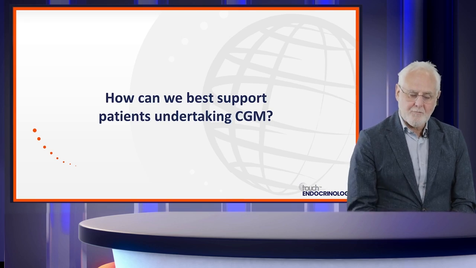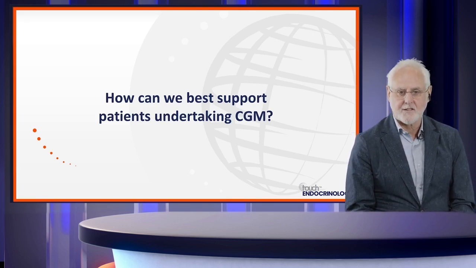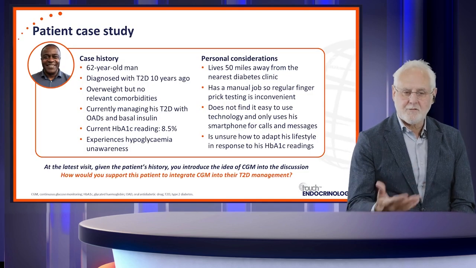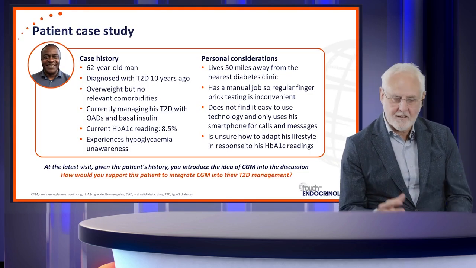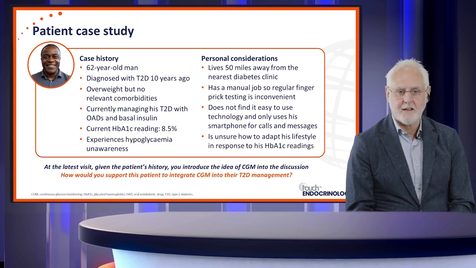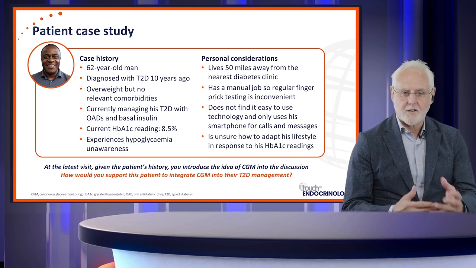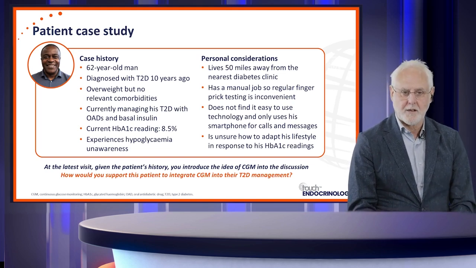So in this portion, we're going to focus on how we can best support patients undertaking CGM. And the best way to perhaps present this is to use a patient case study. So here's our case. He's a 62-year-old man diagnosed with type 2 diabetes 10 years ago, overweight, but currently no relevant comorbidities.